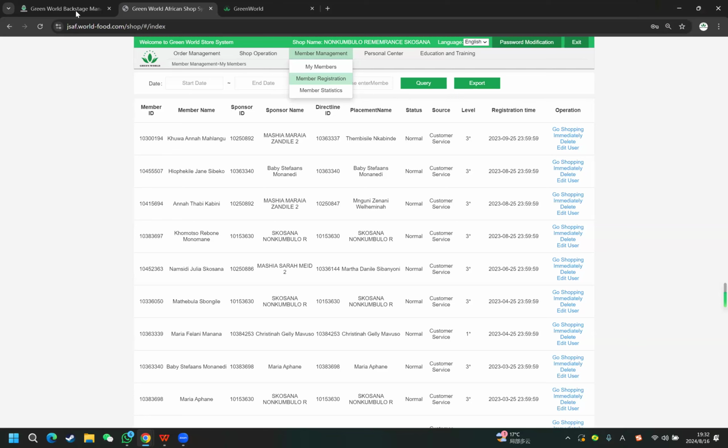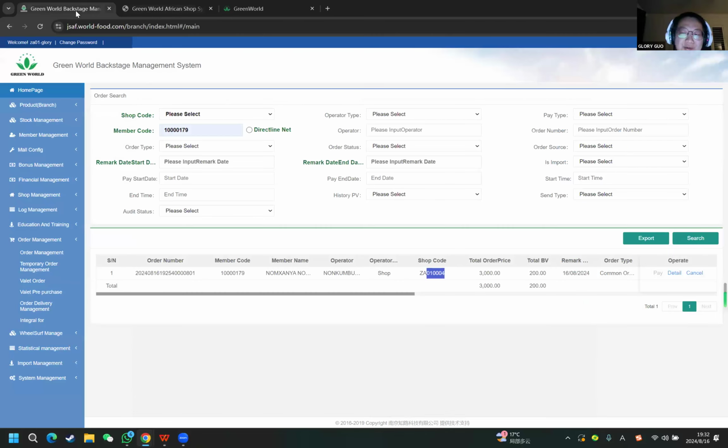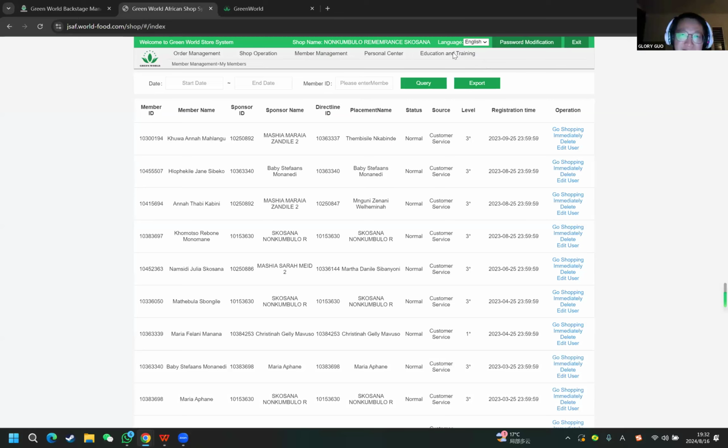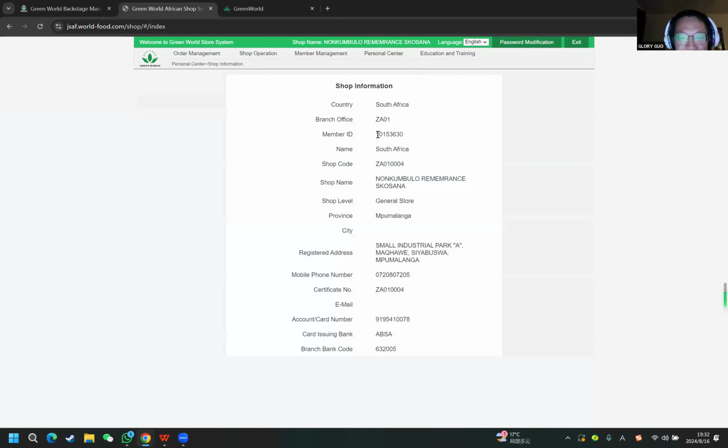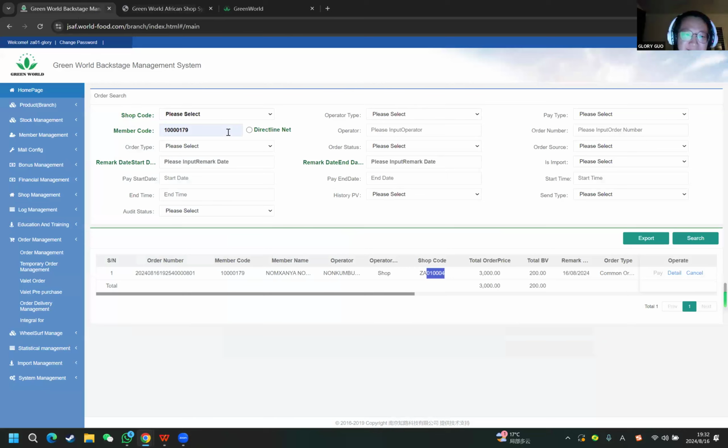The finance department, when they receive your payment and confirm it is for the joinings, is going to put it through your app. For example, shop ZA004 has paid 190 rand for the joinings.